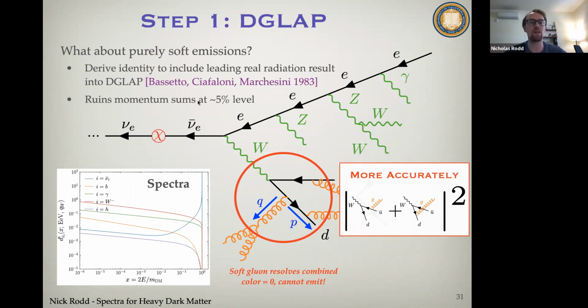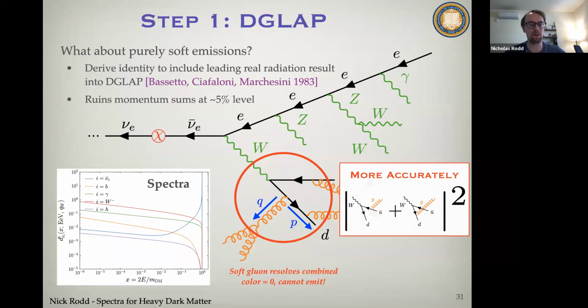What this means is we'll actually ruin our momentum sums, but only at a small level of about 5%, which is consistent with what Jen was suggesting, that this doesn't change the energy distribution that much. So our result will have an irreducible error associated with that, and this is something we would like to improve. But let's just see what this does.